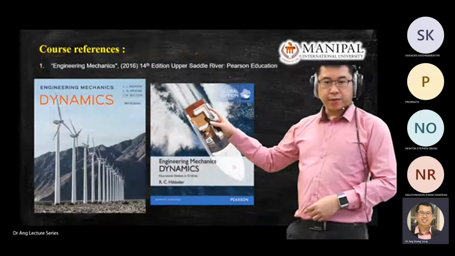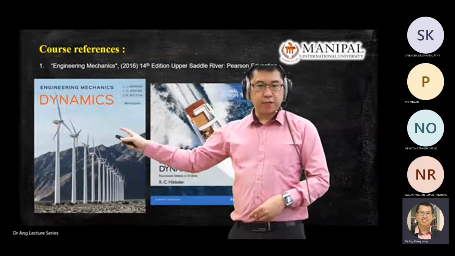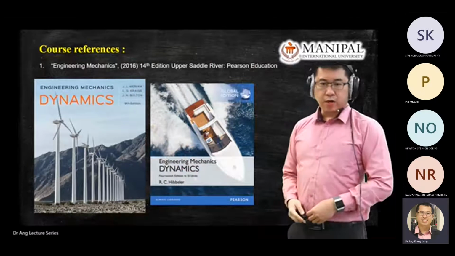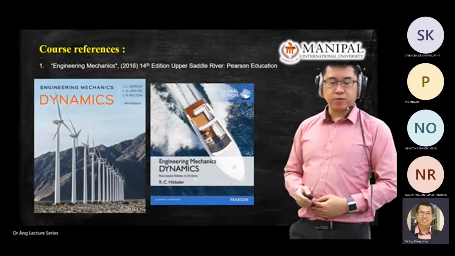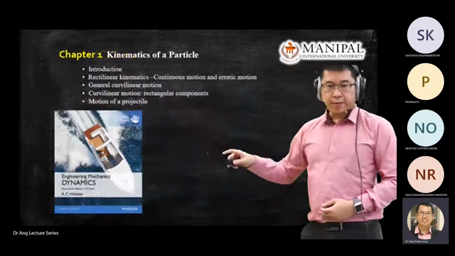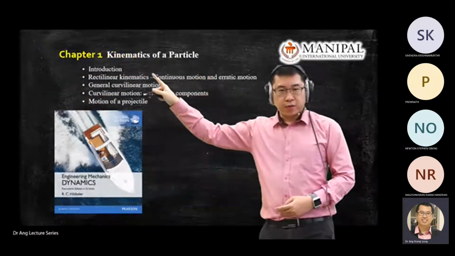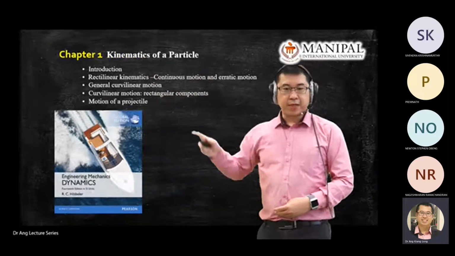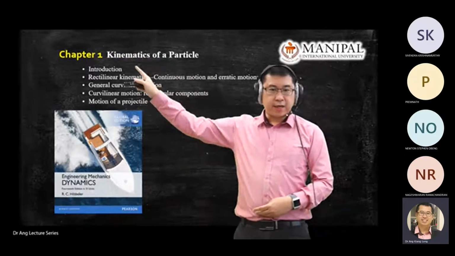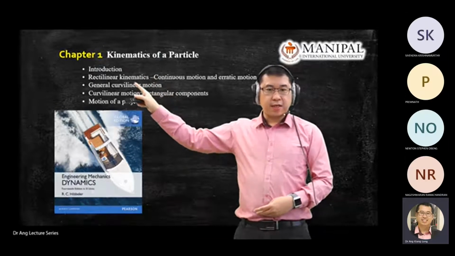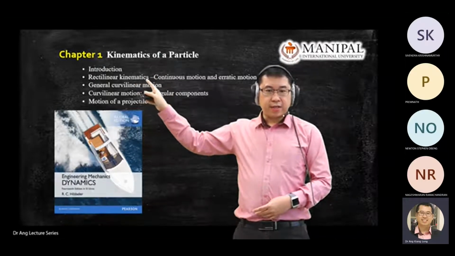Again, I'll be using these 2 books along the lecture. If I use a new one, then I will let you know in the lecture. So chapter 1, today we're going to look at the kinematics of particles. We will look at a little bit on what is kinematics, what is rectilinear kinematics.